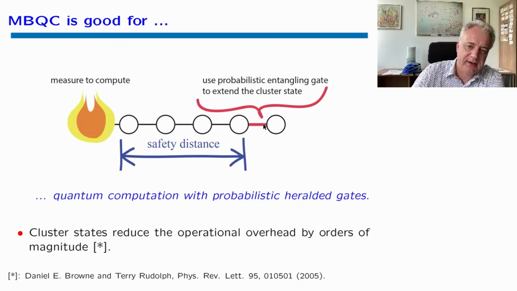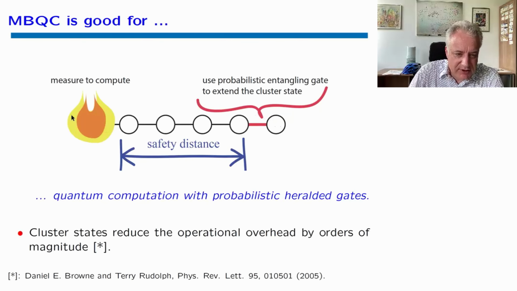Then there are certain ways, if that's the situation, that failure isn't quite as bad as non-heralded failure, and so you can use this. If your success probability is sufficiently high, you can grow cluster state on one end on average, and you do this at some safety distance from where you're using the cluster state for computation.